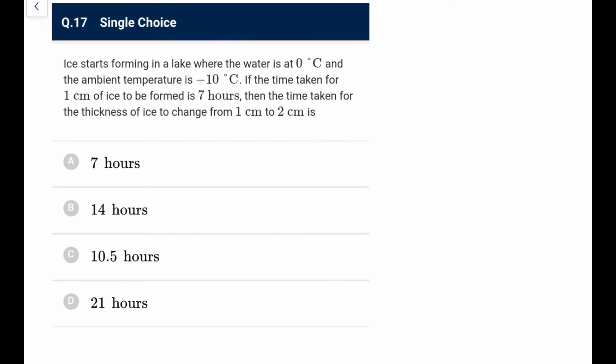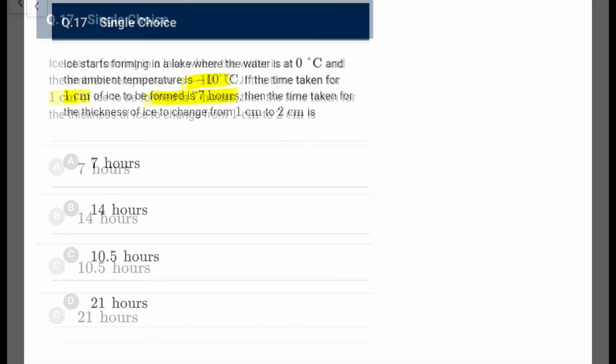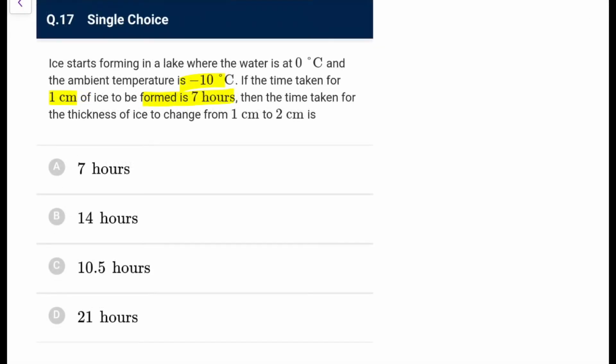Next one. Ice starts forming in a lake when the water is at 0 and the ambient temperature is minus 10. If the time taken for 1 centimeter of ice to be formed is 7 hours, then the time taken for the thickness of ice to change from 1 centimeter to 2 centimeter. Now this is the concept that you might be remembering directly. I am not doing the complete derivation that is given in your NTA solution, you can check, but typically we are advised for such a question: we simply say the time taken for a thickness T to develop is directly proportional to T square.